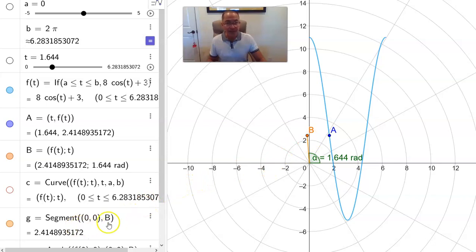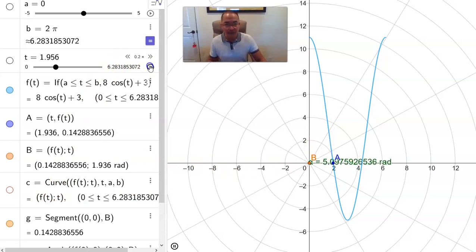This segment command is what enables us to draw the segment from the origin to point B. Notice that the R value is 2.414, which is the same as the F value, 2.414. Let's keep going until we get close to 0.